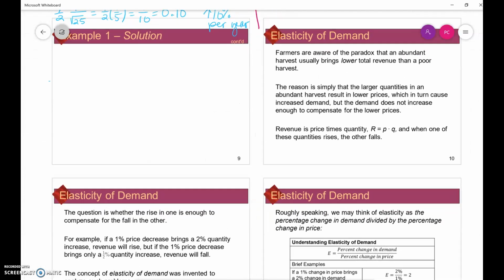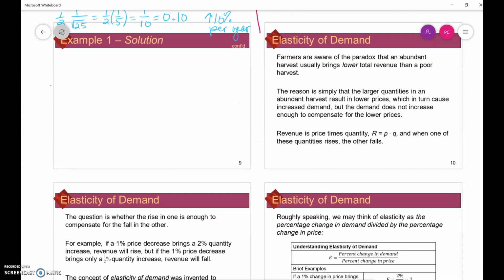All right, so the next thing we're talking about in this section is elasticity of demand. And farmers are aware of the paradox that an abundant harvest usually brings lower total revenue than a poor harvest. The reason is simply that the larger quantities in an abundant harvest result in lower prices, which in turn cause increased demand, but the demand does not increase enough to compensate for the lower prices.